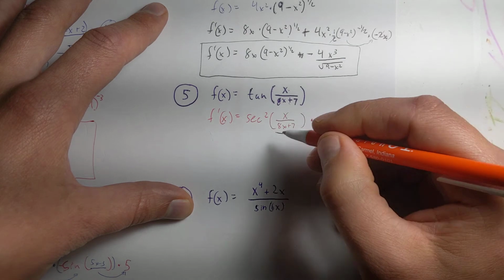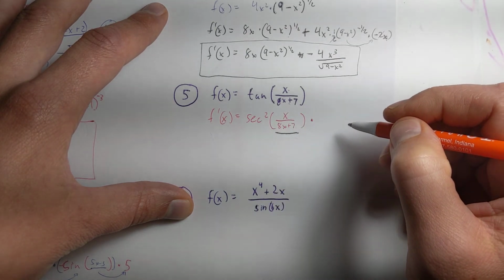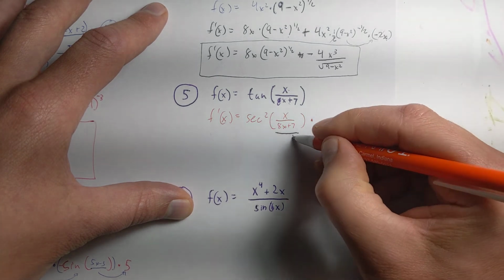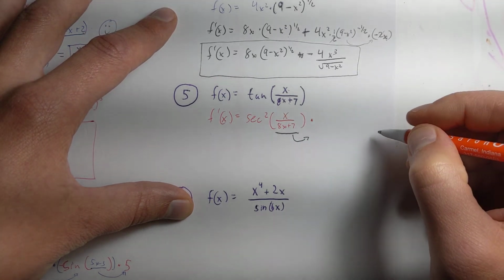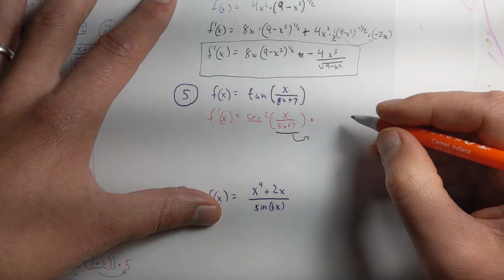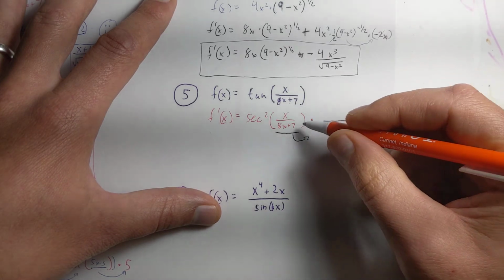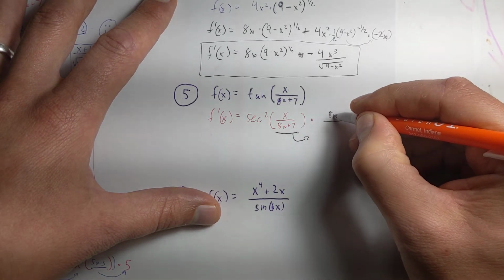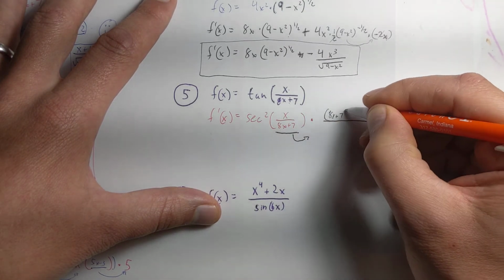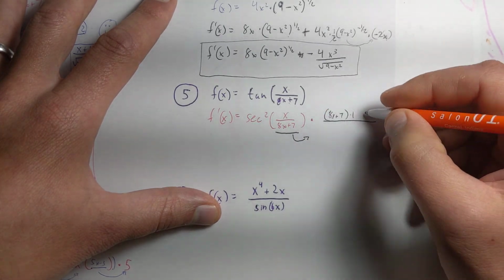Oh, man. That's a quotient rule. Yep, it sure is. So that means we've got to use our quotient rule formula. Low d high, high d low, all over low, low. So low, 8x plus 7, d high. So what's the derivative of x? Well, that's just 1.